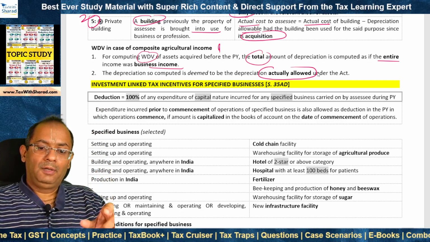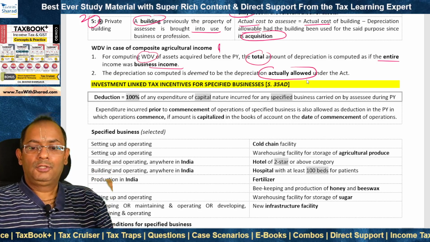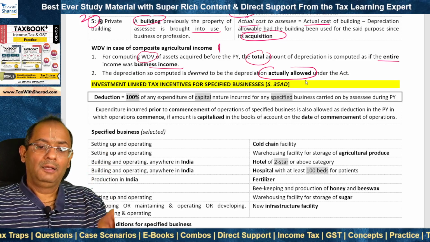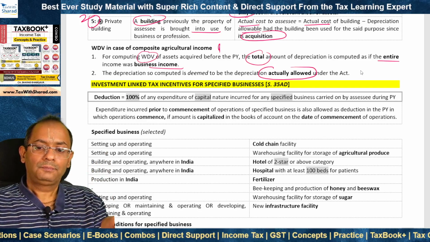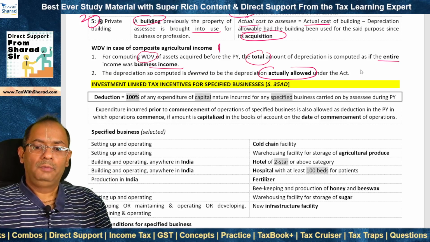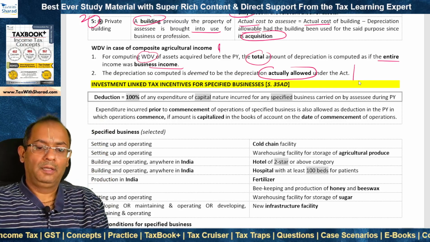So in this particular case, even when the entire depreciation is not actually allowed, because only a part is taxable business income, for computing the written down value, the entire depreciation is supposed to be deducted by virtue of this particular provision, and then WDV is accordingly computed.